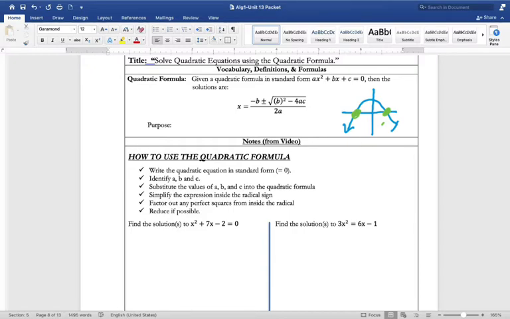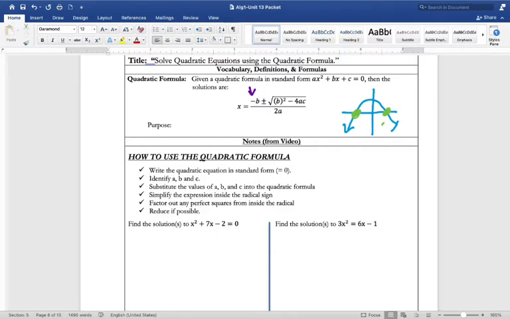Let's talk about the formula. Let's break it down. This negative b, what's the purpose of this negative here? Well, that negative there makes b the opposite. So if b is 8, then that part becomes negative 8. If b is negative 7, then the opposite of negative 7 becomes positive 7. The plus and the minus is how we get our two answers.